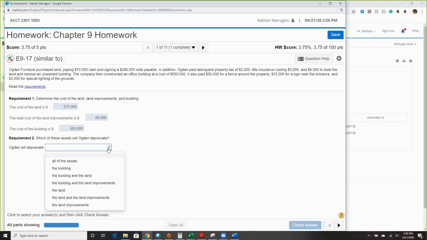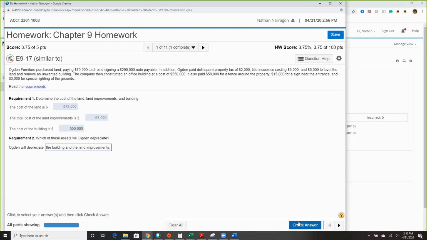Improvements is one. Improvements and the building, because again, land does not depreciate. So I would find, boom, the building and the land improvements.